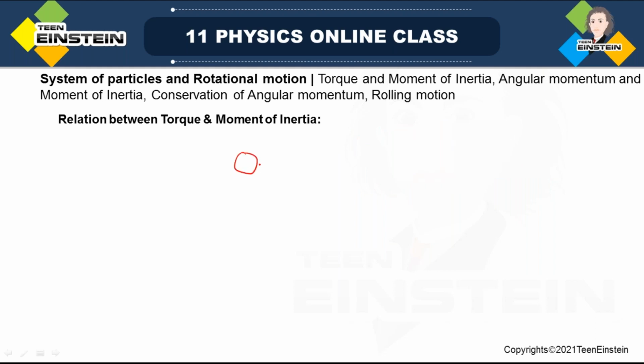see, if there is a particle which is having a translational motion, and if the external force F is applied on this particular particle, then it will gain an acceleration. Okay, acceleration A, and we could write F is equal to m into A, mass times acceleration will be the external force.